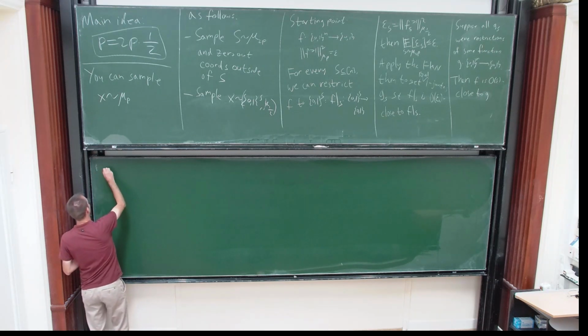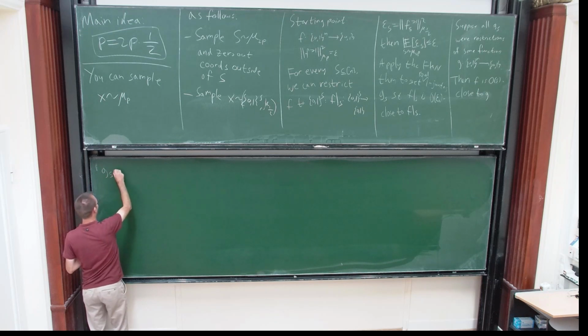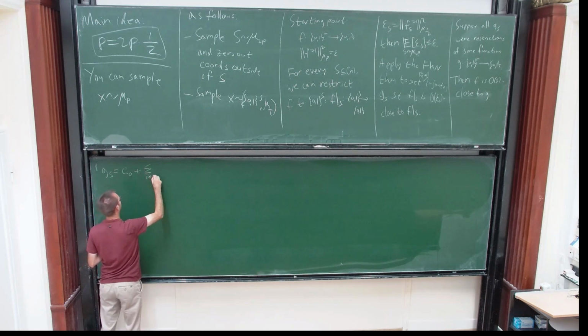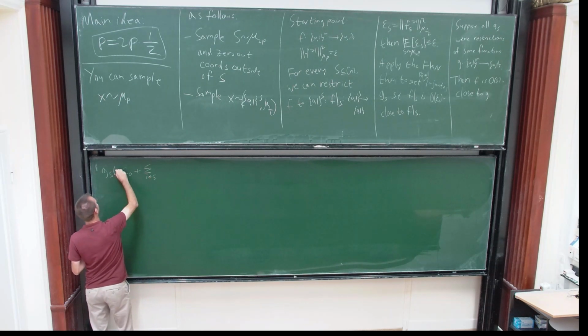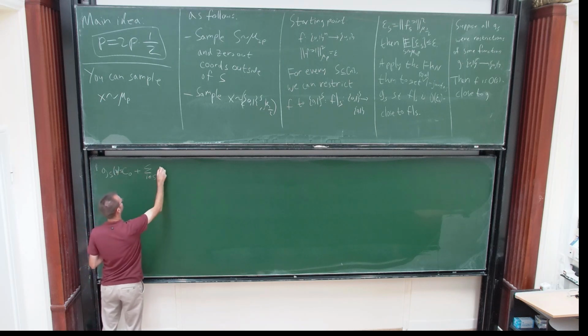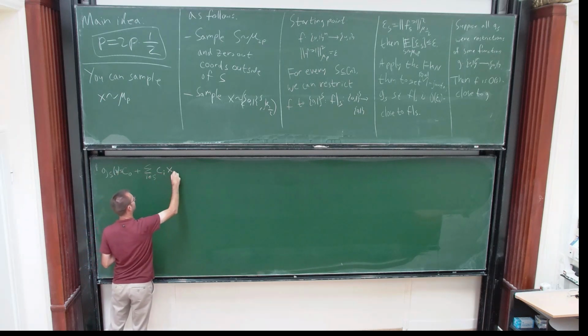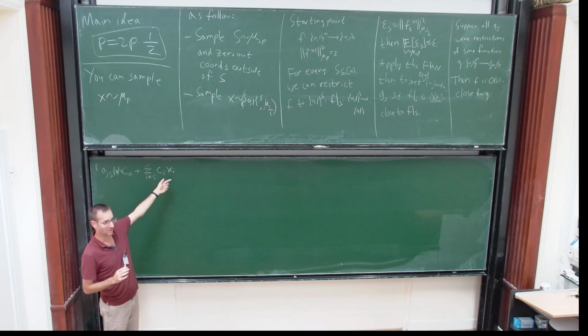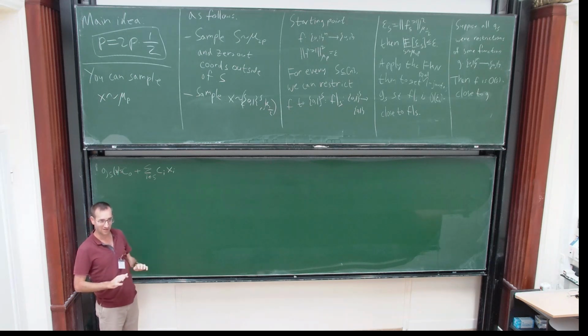So you can write each G_S as c_0 plus the sum over i in S of c_i x_i. Now the x_i's are 0, 1, so this is not the Fourier expansion. The Fourier expansion would give you minus 1 to the x_i.